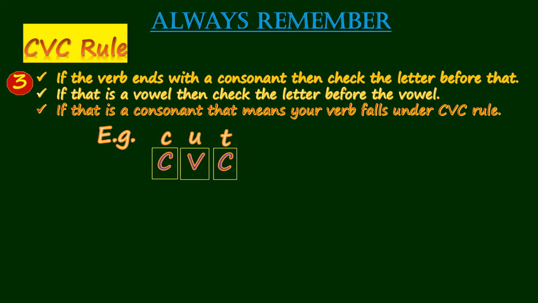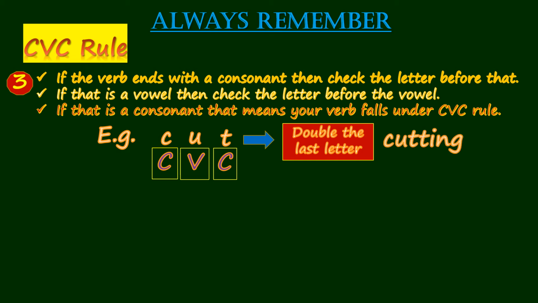Okay. So, to add ing to this verb, you need to double the last letter, that is T. So, cut will change to cutting. How will it change? Double T and then use ing with it. Let us take another example. Beg. Beg again falls under the category of CVC rule. So we will double the G and then add ing.